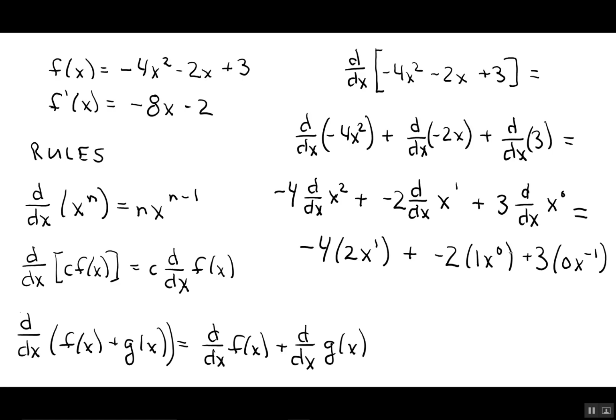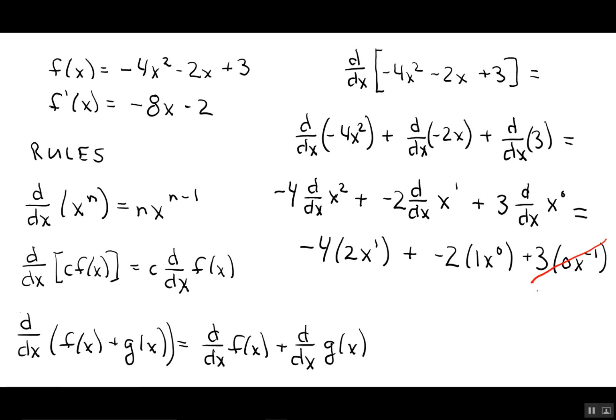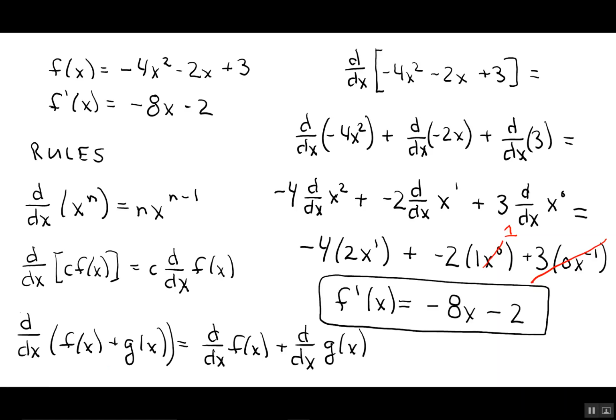So the x to the 0th power is 1, so that term will go away. 0 times anything is 0, so actually, let me get a different color pen here, red. This whole term is going to go away because 0 times anything is 0, and x to the 0th power is 1. So if I simplify one last time, I get the derivative of this function with respect to x is minus 8x, that's the first term, minus 2, that's the second term. And that's what we found by applying the limit function.